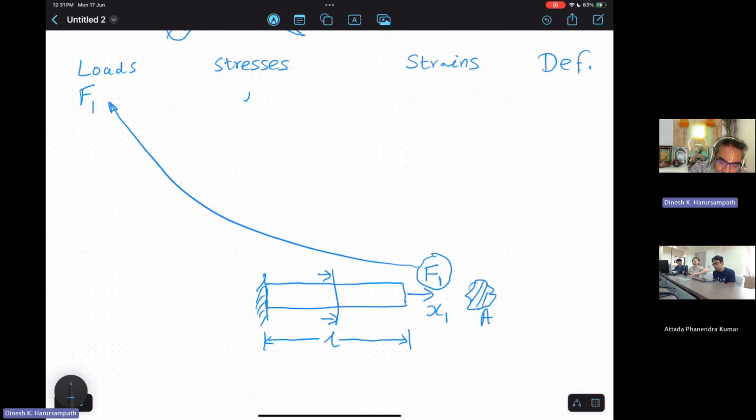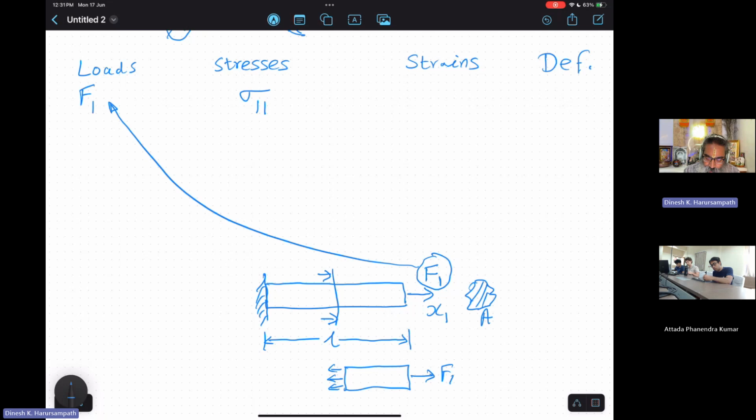Absolutely. So you would expect a sigma 1,1 to come here because if I take a free body diagram where I have cut, I have an F1 over here. It has to be equilibrated by stresses acting on this surface, which is perpendicular to the x1 direction.